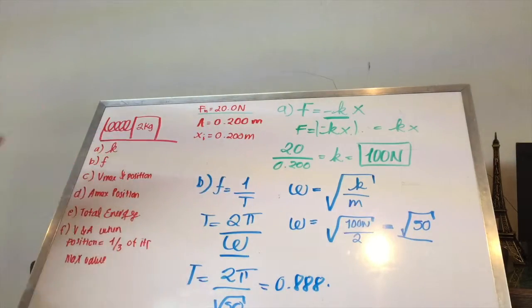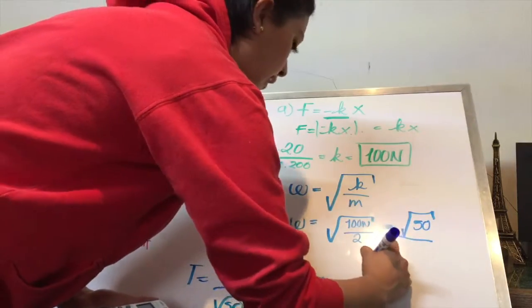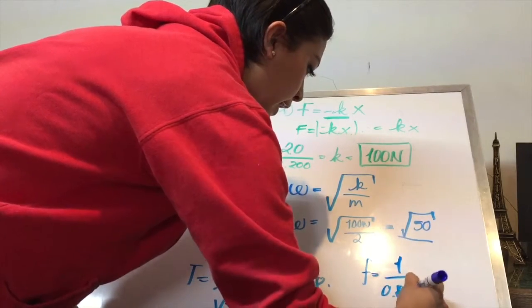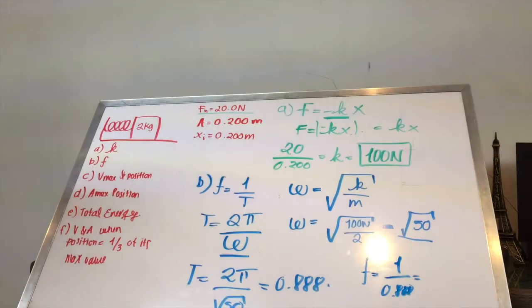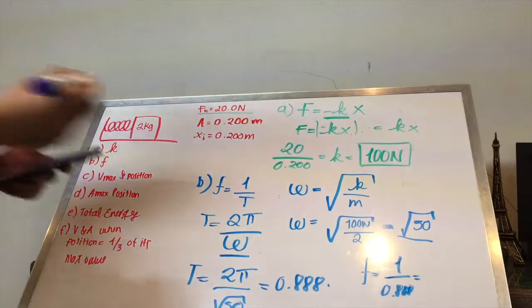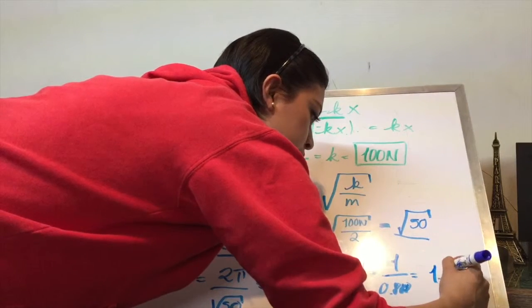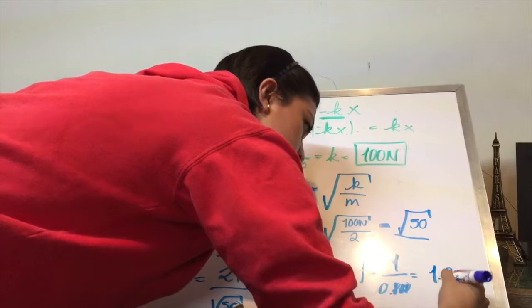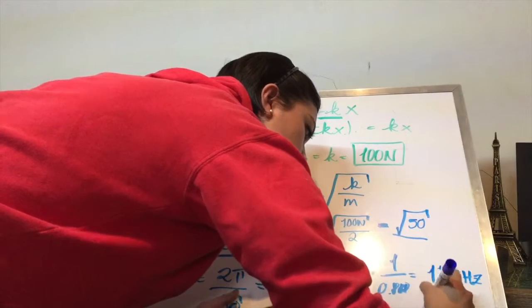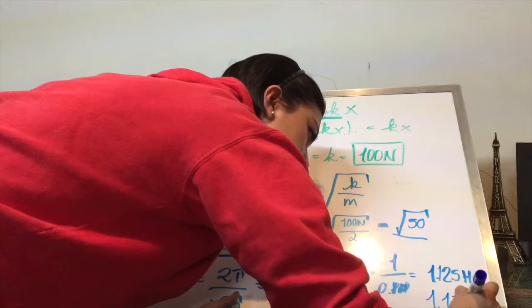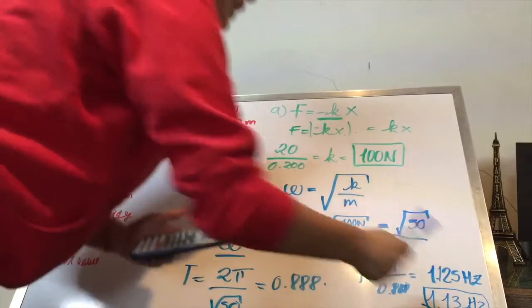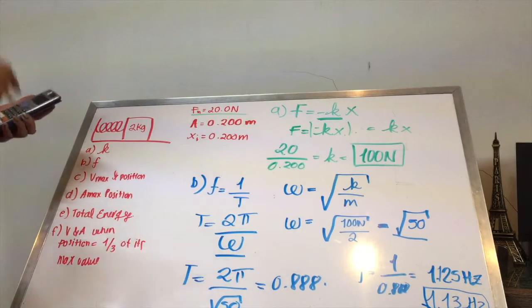Now we substitute the time, so our frequency is equal to 1 over 0.888, which is equal to 1.13 hertz, so we keep 3 significant figures. And this is the solution for the second part of our problem.